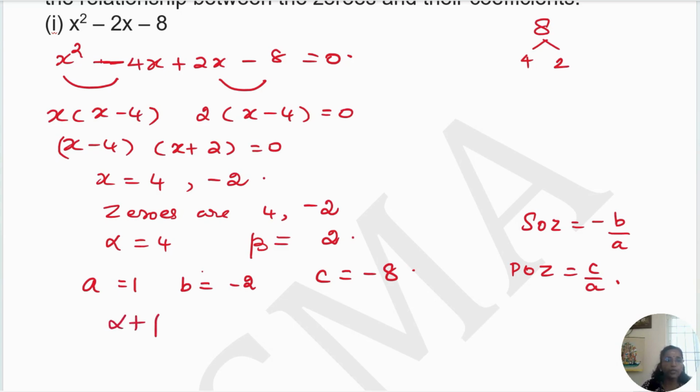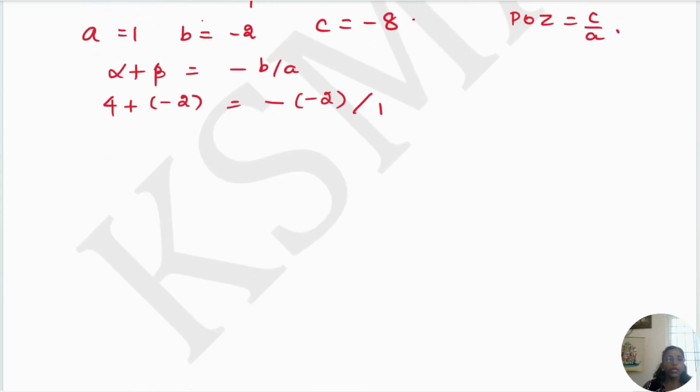So alpha plus beta is equal to minus b by a. Our alpha is 4 and our beta is minus 2 in this case, and on the right hand side, minus of minus 2 divided by a value 1. So here it is 4 plus minus 2, so 2. Here, minus of minus 2, so plus 2.